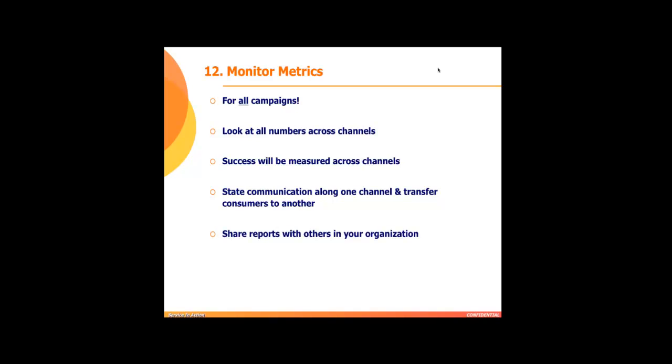I next look at my total sales or revenue as a result of that campaign. And then I try to see how I'm moving people between segments. How many people did I move from opens to clicks, from clicks to conversions? And I continue with this cycle as I drive engagement.